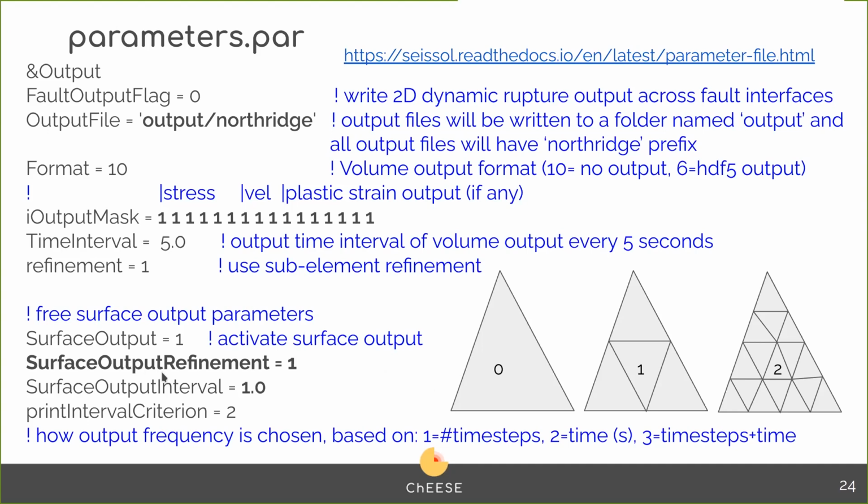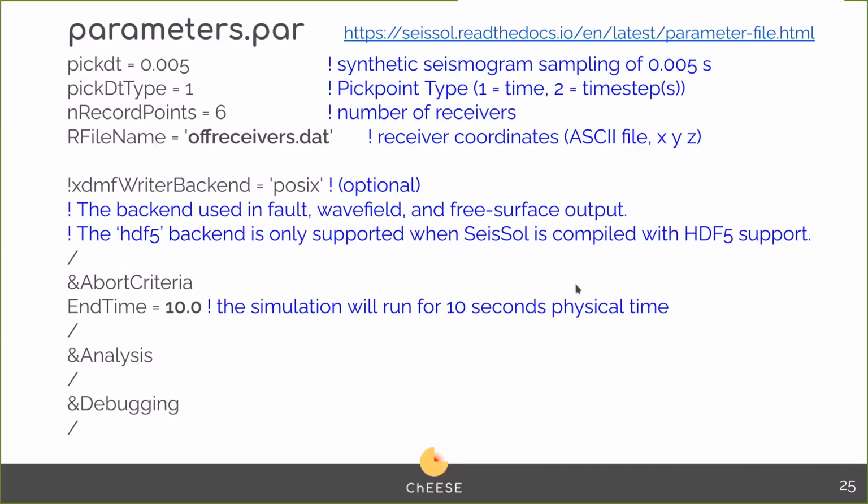If you put surface output refinement equal to 1, then each mesh cell will be subdivided into 4 cells like that. And if you put 2, then each subcell will also be subdivided into 4 cells, so there's even more spatial discretization.